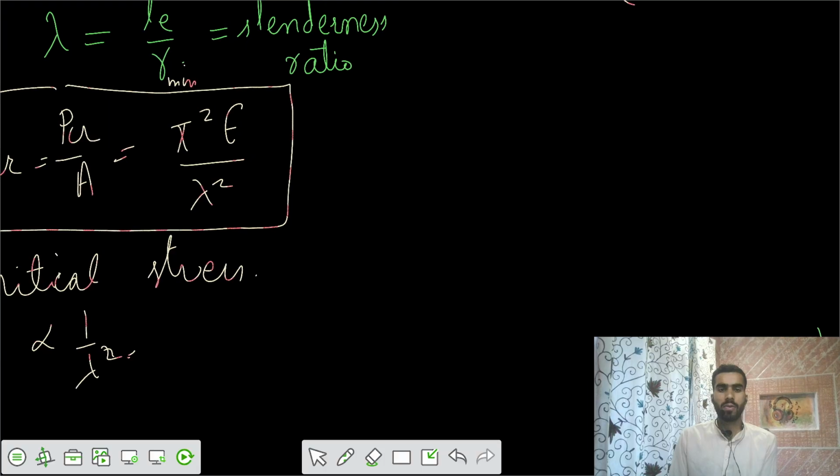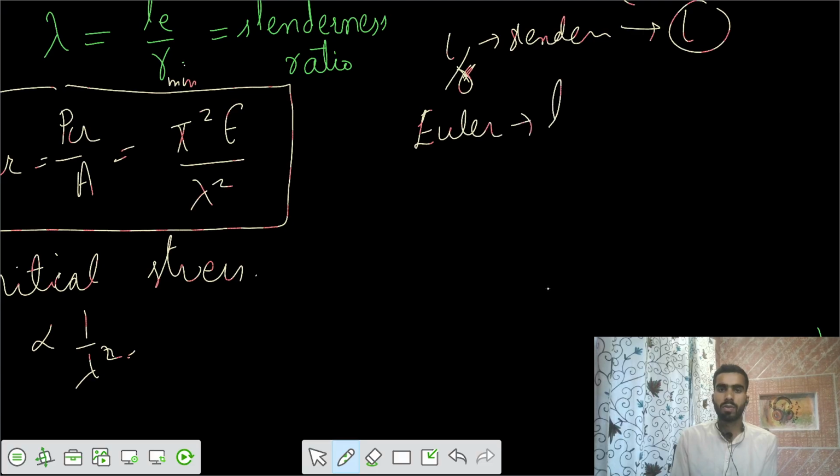Now I want to write for what values of lambda your equation is valid. What does L by R actually mean? This means the slenderness ratio, and it's a function of L. We say Euler's buckling theory is valid for long columns.